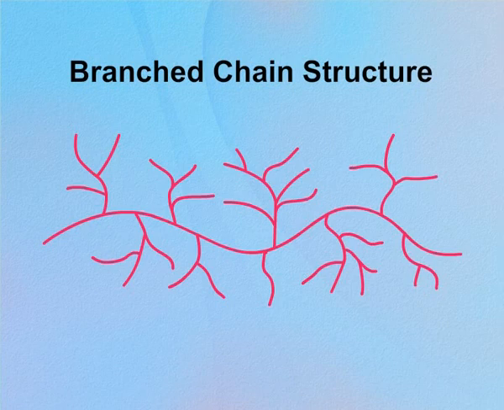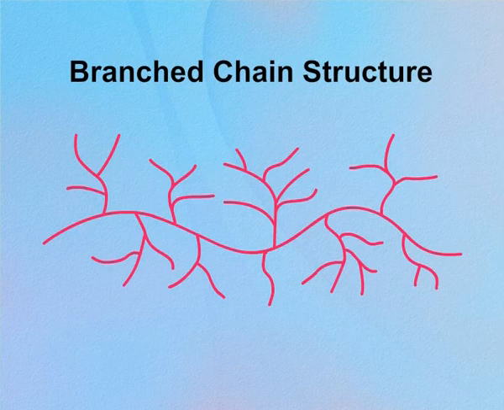Let us now discuss the second type, that is branched chain polymers. In these polymers, the monomer units not only combine to produce the linear chain called the main chain, but also form branches of different lengths along the main chain as shown on the screen. These polymer molecules, because of branches, do not pack well.